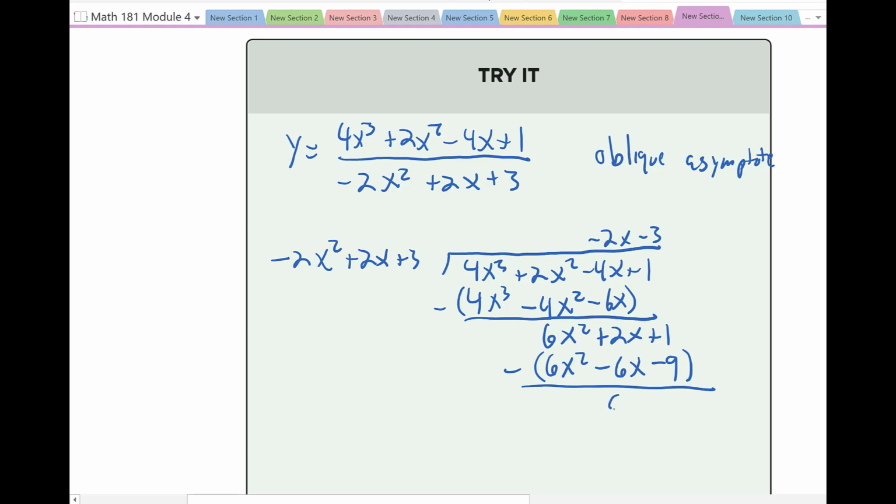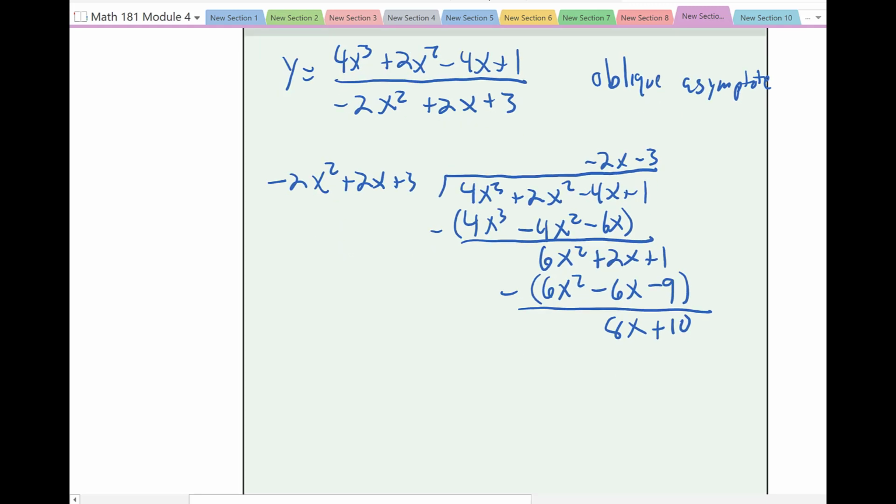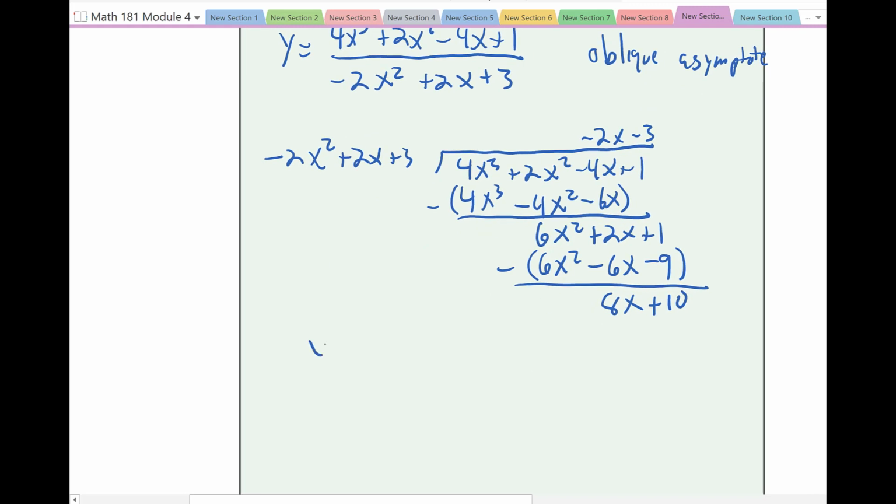We end up with an 8x plus 10. So in reality, if you want to write this out, it's going to be y equals negative 2x minus 3 plus the 8x plus 10 over the negative 2x squared plus 2x plus 3.